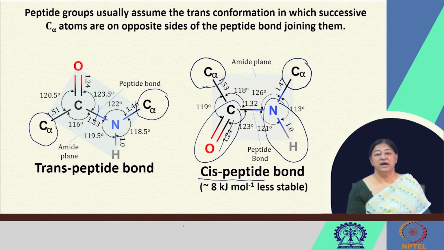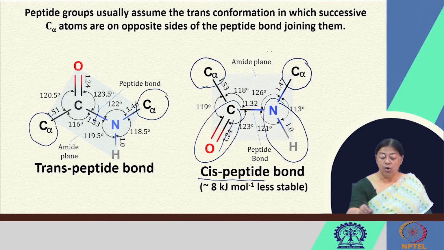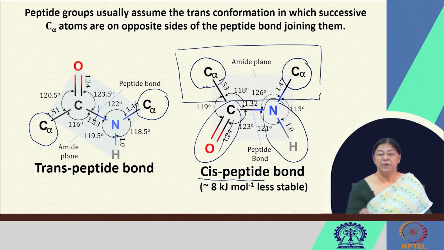These C alpha atoms correspond to two consecutive amino acid residues. And what do we observe here? We observe that they are on the same side of the peptide bond, making this a cis peptide.